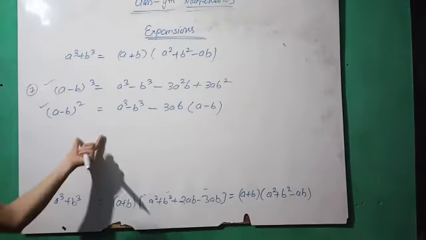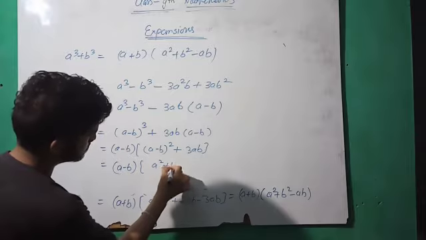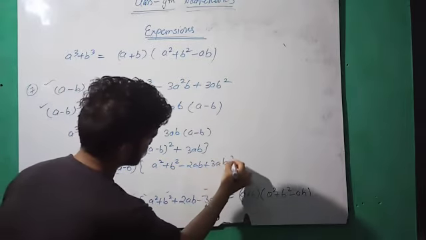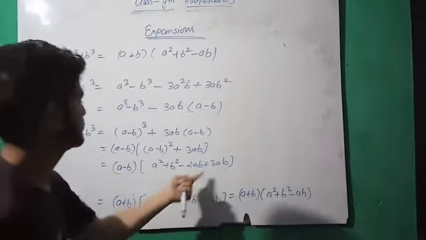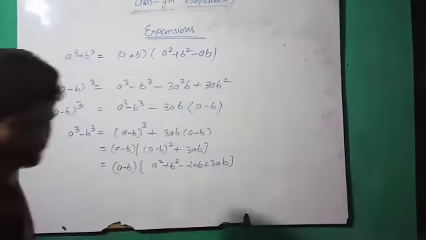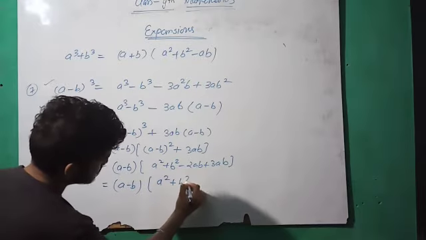Expand this formula: a minus b whole square is a square plus b square minus 2ab plus 3ab. So we have 3ab minus 2ab, which is ab. So (a minus b)(a square plus b square plus ab).